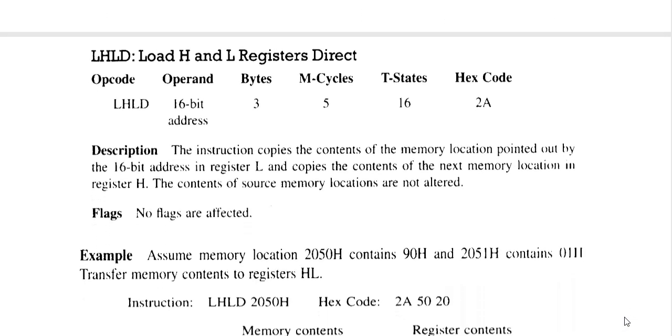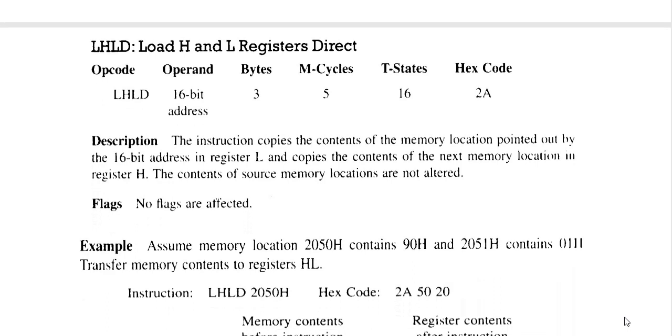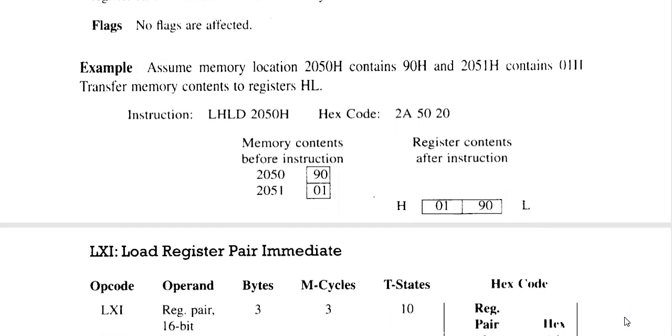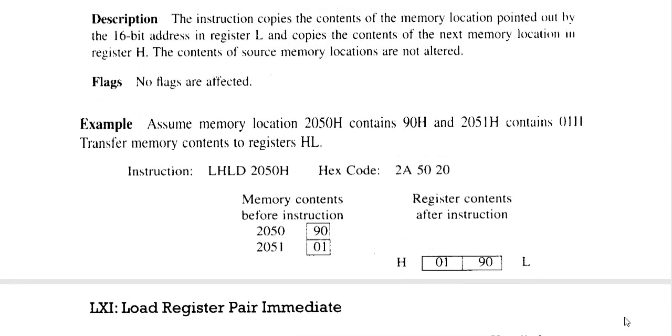Now another instruction is LHLD. What will LHLD do? It will load the data from the given address to the L register, and from the next memory location to the H register. We will see an example here. For example, if we have the instruction LHLD 2050, what will it do?